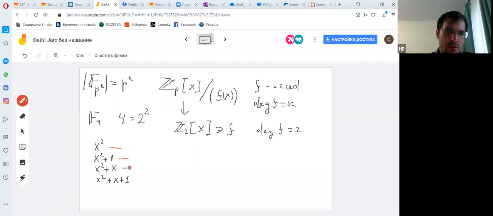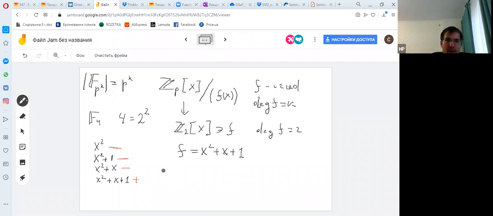This is not irreducible because both 0 and 1 are roots of this polynomial. And this is irreducible because 0 is not a root and 1 is not a root of this polynomial. So we can take f equals x squared plus x plus 1.